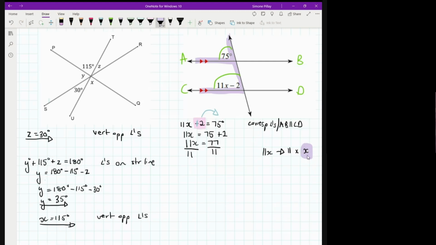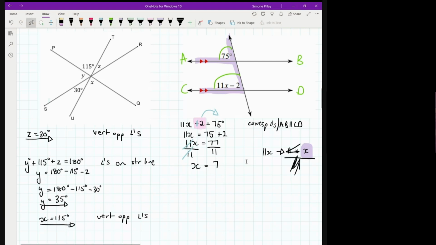We do it by eliminating everything else using inverse operations. So in order to eliminate my multiplication by 11, I need to divide by 11. Multiplication by 11 and division by 11 cancel out, leaving us with just x on this side. And then 77 divided by 11 is 7.